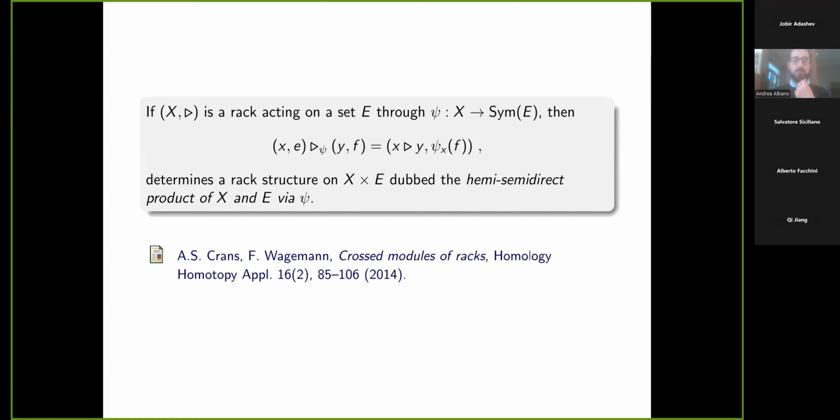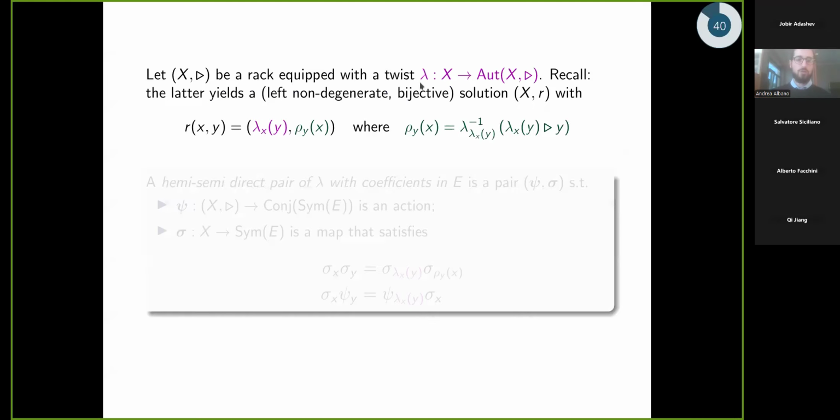What we are doing now is taking inspiration from this definition and generalizing it to twists. So start with a rack equipped with a twist, lambda. Recall that a twist of a rack is just a map from X, where X is the set on which you are defining the rack, to the automorphism group of the rack itself.